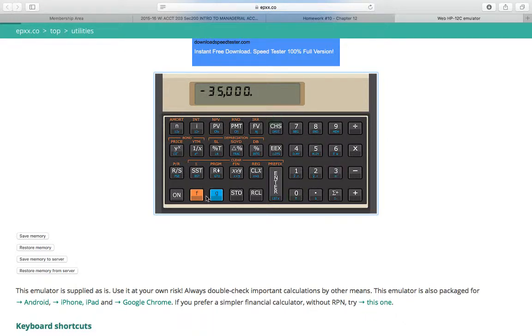So for year 0, 35,000, change the sign negative. I push G, so this is my CF0. This is blue, so I have to push the G button to make it blue. CF0, 35,000, and then 9,000 for the next 10 years. So I'll push G, the next CFJ. So that's, remember, year 1 through however many years you're using.